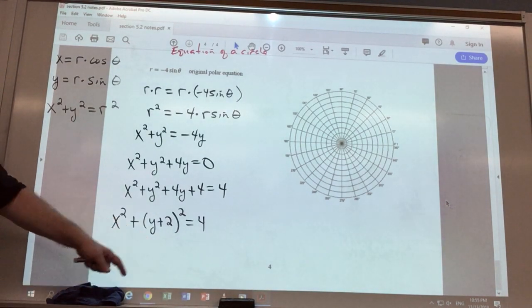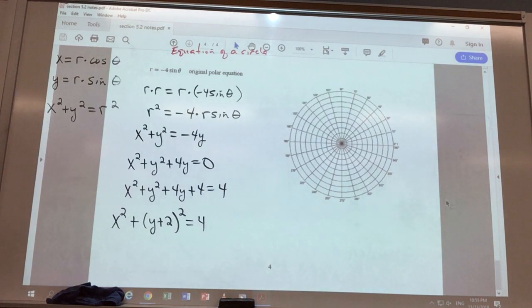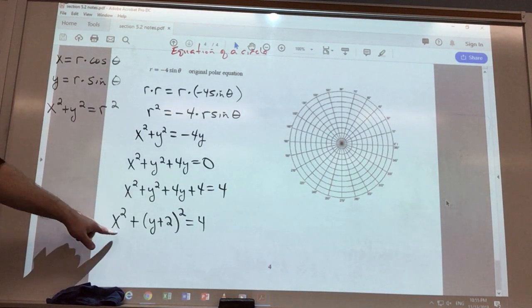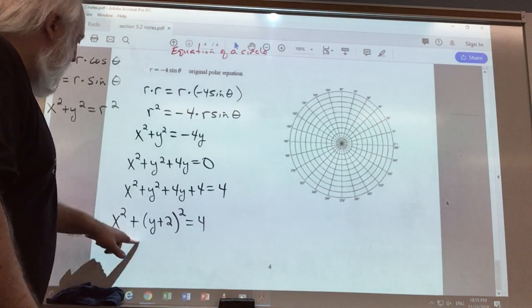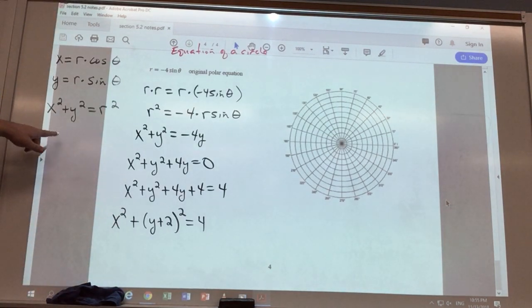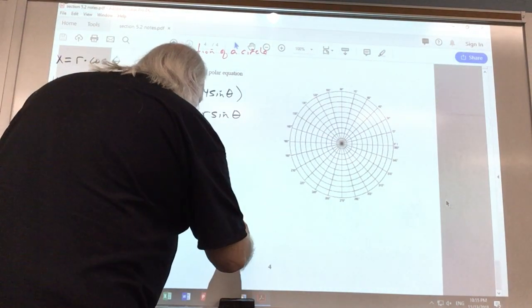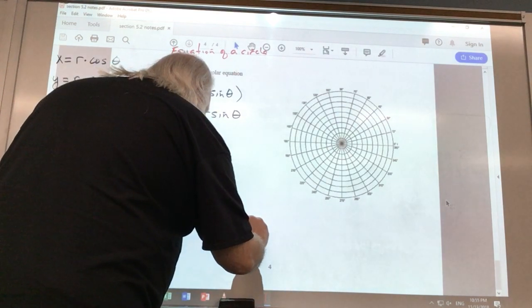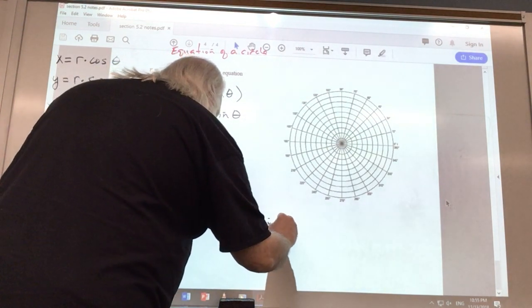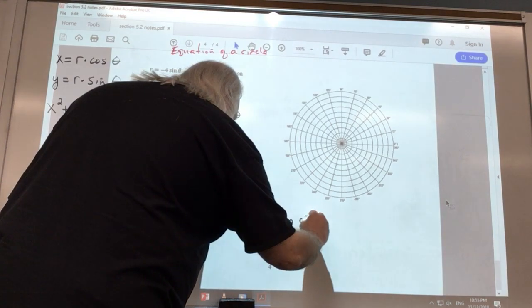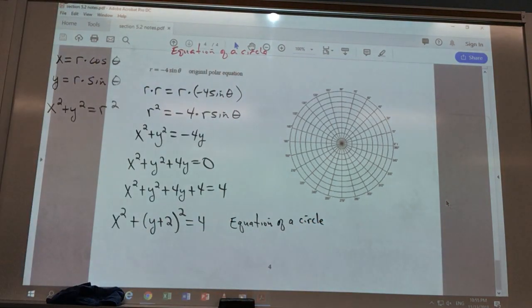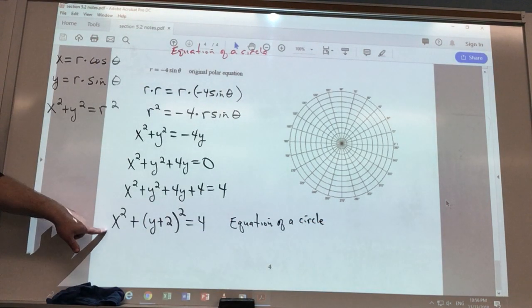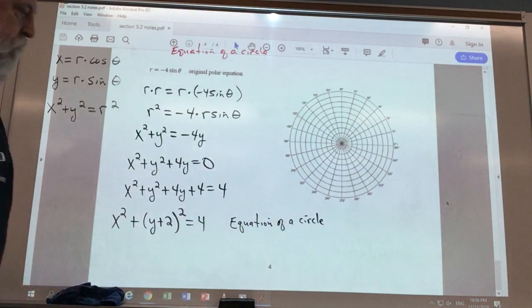Well, hopefully from your algebra days, you can recognize that this is the equation of a circle, but the center is not at the origin, 0, 0. That's the equation of a circle, but the center is at 0, minus 2.